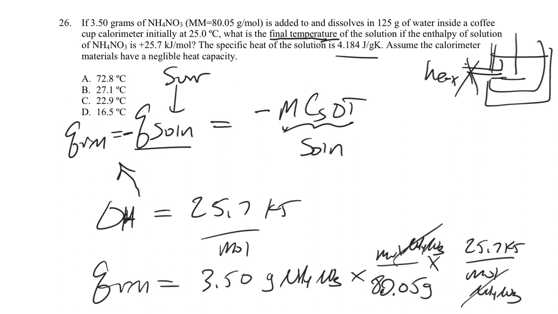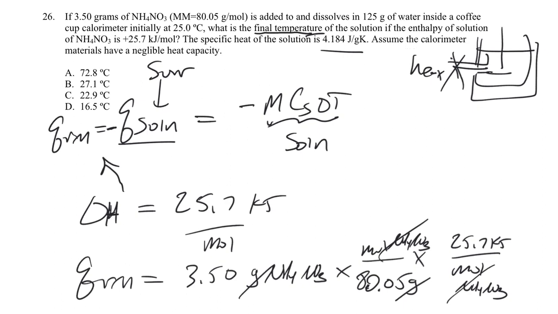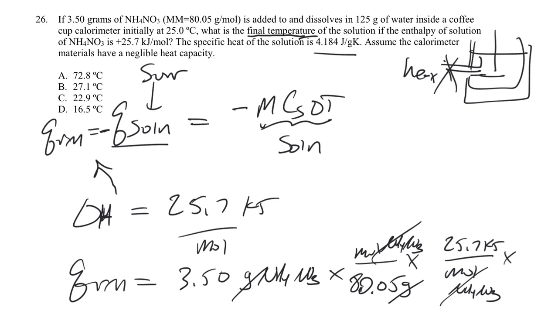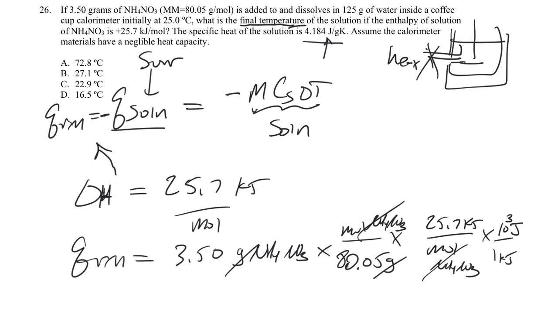So my moles of ammonium nitrate cancel, my grams cancel. And then I'm going to do one more step, which is converting to joules, just because my heat capacity is in joules here. So I might as well go ahead and convert that now. And this works out to be, the Q reaction ends up being plus 1,123 joules, good to the third sig fig, because of 3 sig figs here.